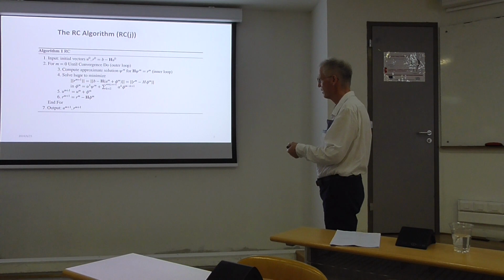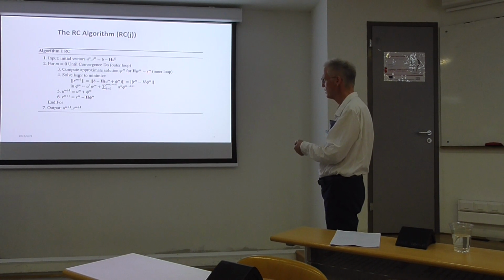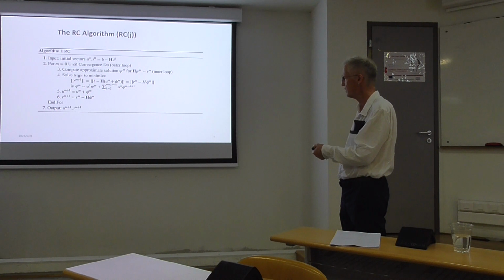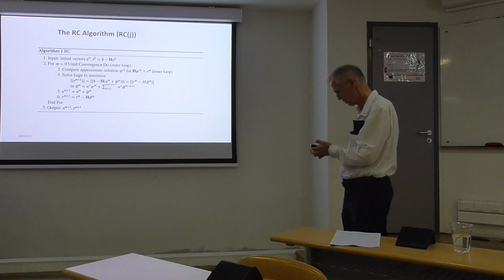And in this step, we compute an approximate solution where the right-hand side is the residual vector. This is the inner loop. This is a preconditioning step, okay? This is what makes it a nested method. Then we solve a least squares problem.